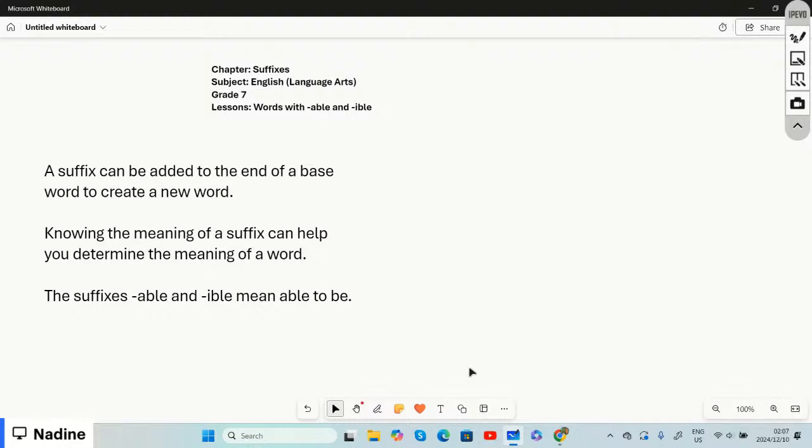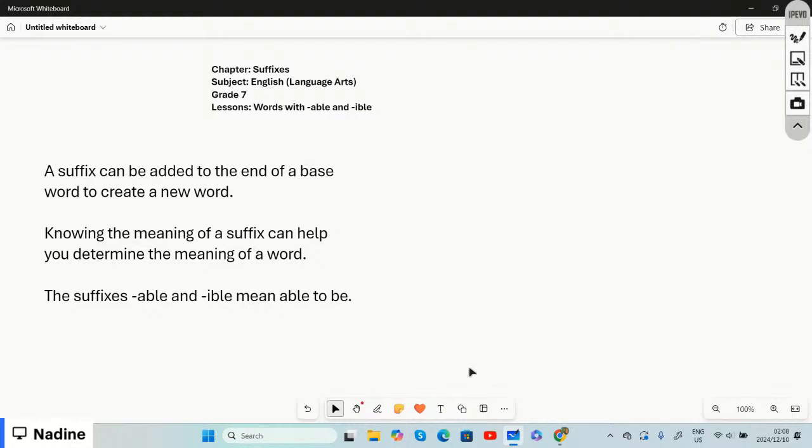Before we go on to words with able and ible, we're going to find out what a suffix is.